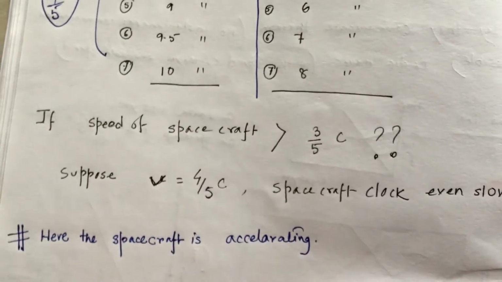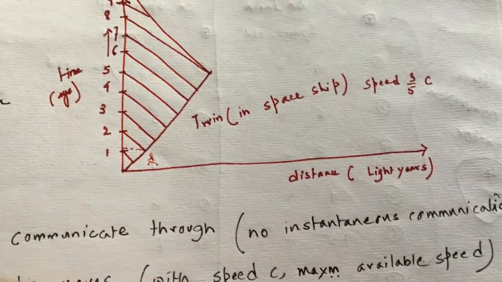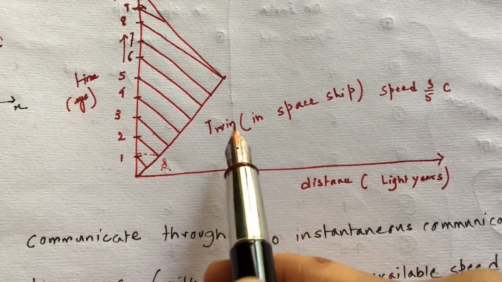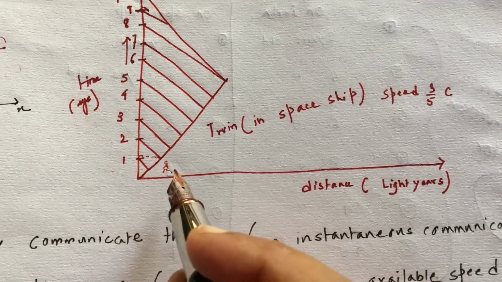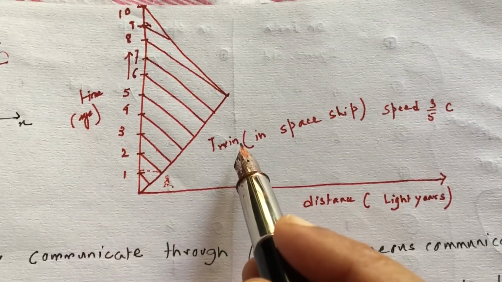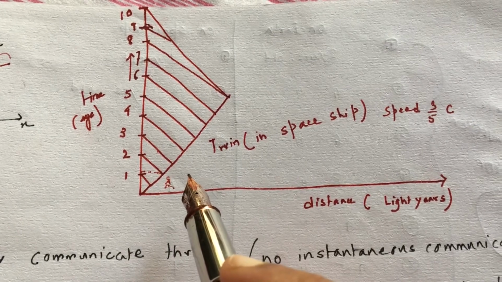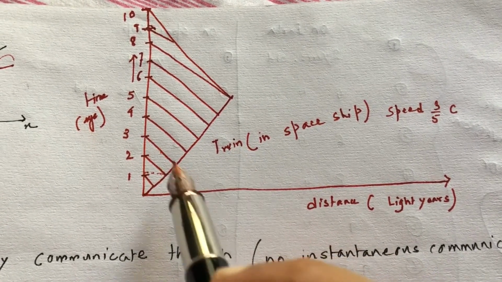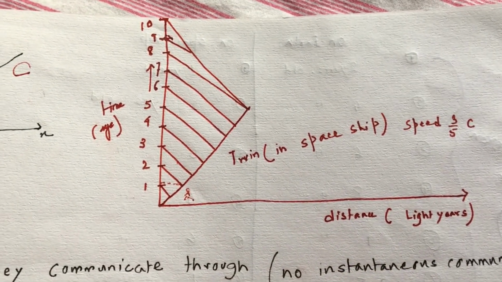Here is one thing I would like to mention: when this twin says that your clock is slow, this twin can say that your clock is also slow.